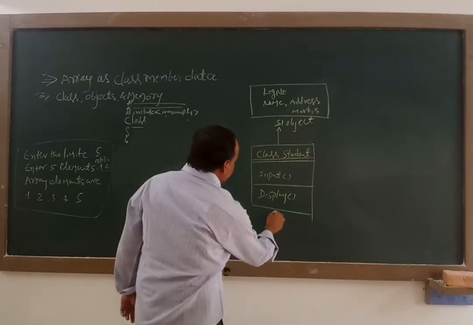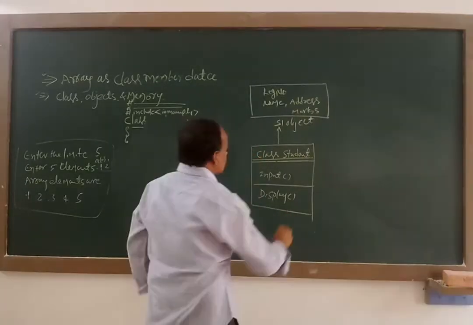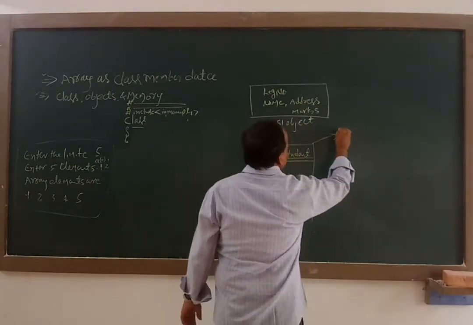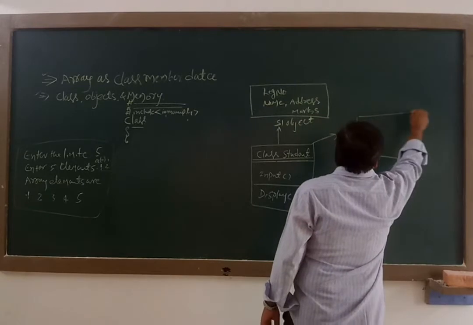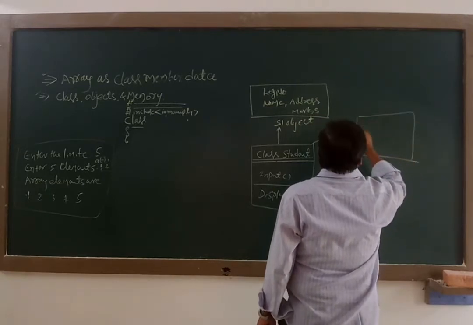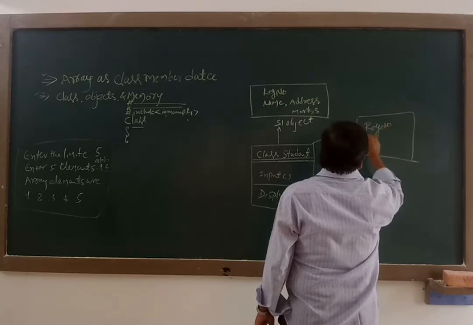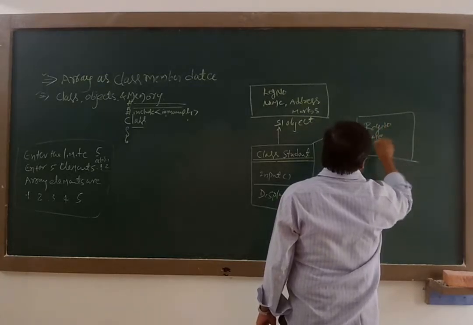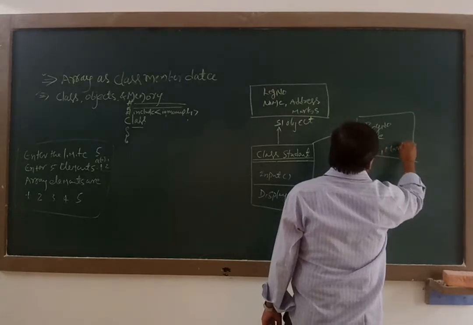And whenever you declare object S2, it is also an object, so it also has a copy of the data members: register number, name, address, marks.